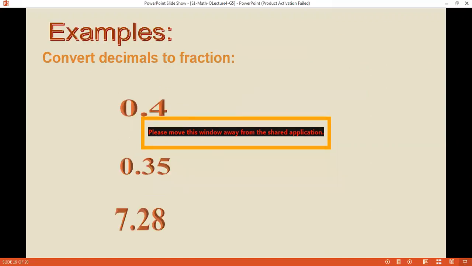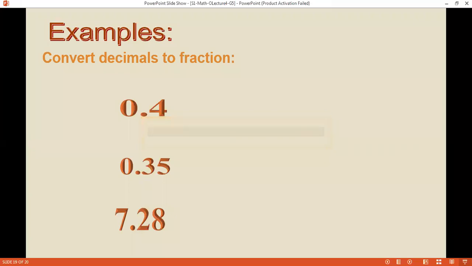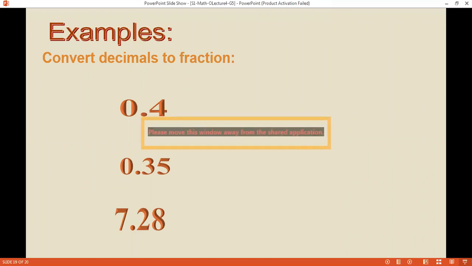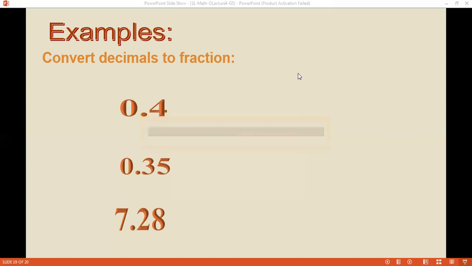Let us continue. Now we are going to change decimal numbers into fractions. Can you say this number in word form? Say it, everyone participate. 0.4. 4 over 10. Answer my question. Say it in word form. 0 and 4 tenths. No, we don't say zero. We never said zero and. I always tell you that you don't say the zero in word form.